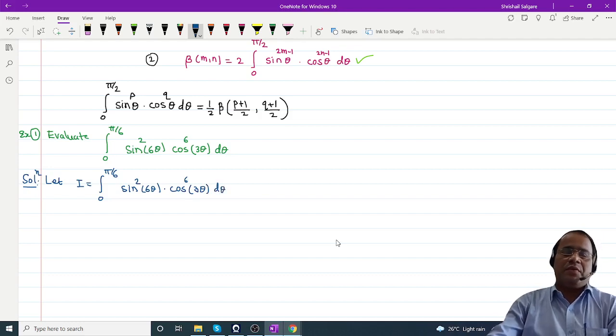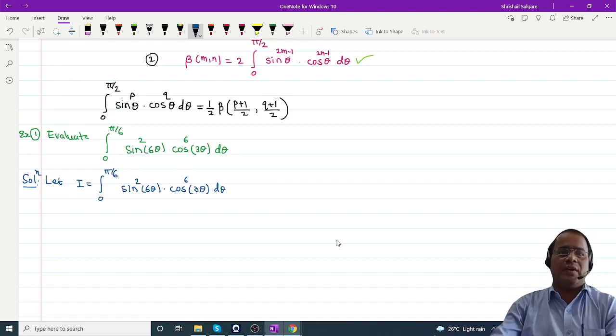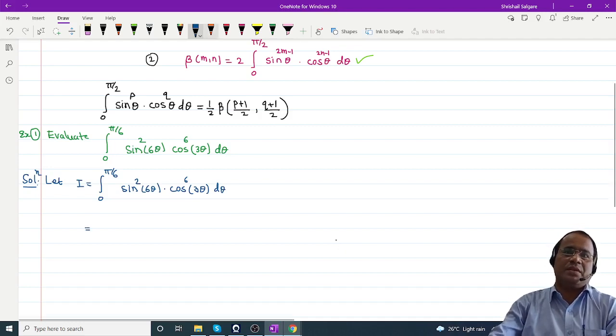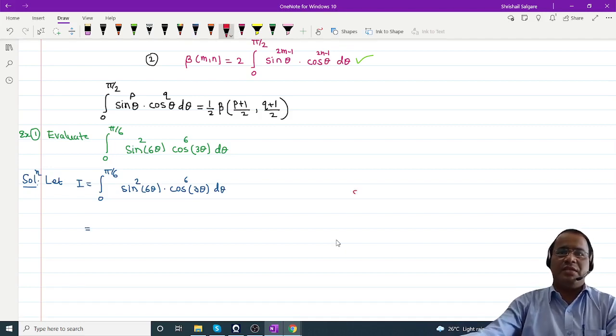So first I will try to convert the given integral to equal angles. For that, can anyone tell which property I should use here? Sine 2 theta. Very good. So here I will use the result sine 2 theta is equal to 2 sine theta into cos theta. I forgot to write 2. Okay, I will adjust here.